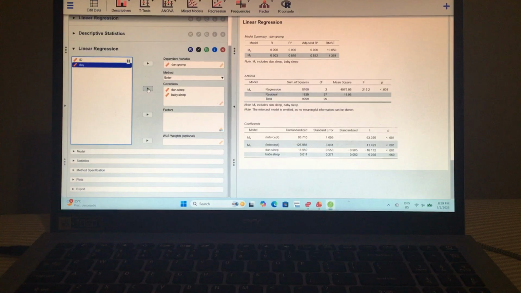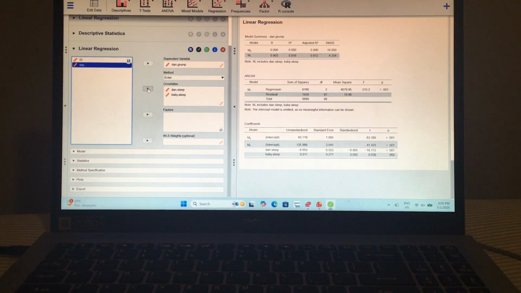63.710, 125.966, negative 8.95, 1.005, 3.041, 0.553, 0.271, 0.905 negative, and t is 63.395, and then 41.423, negative 16.172, 0.039.